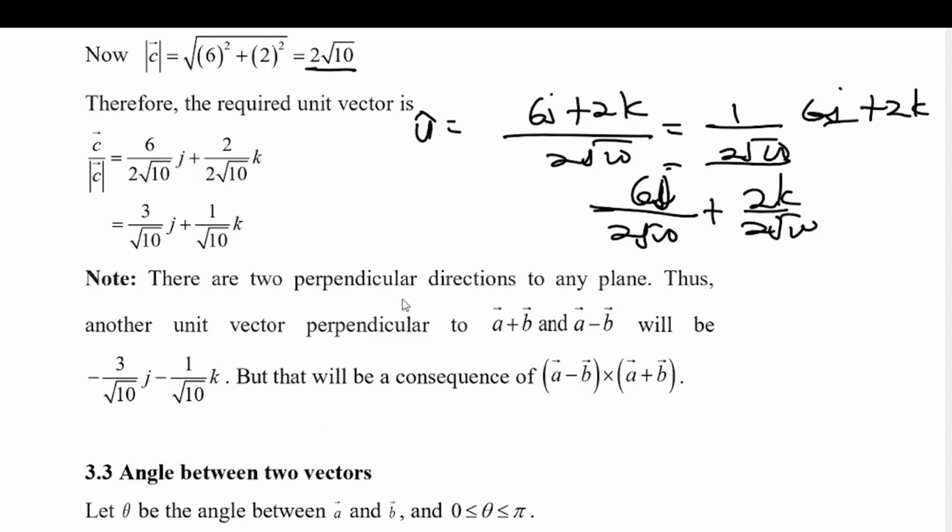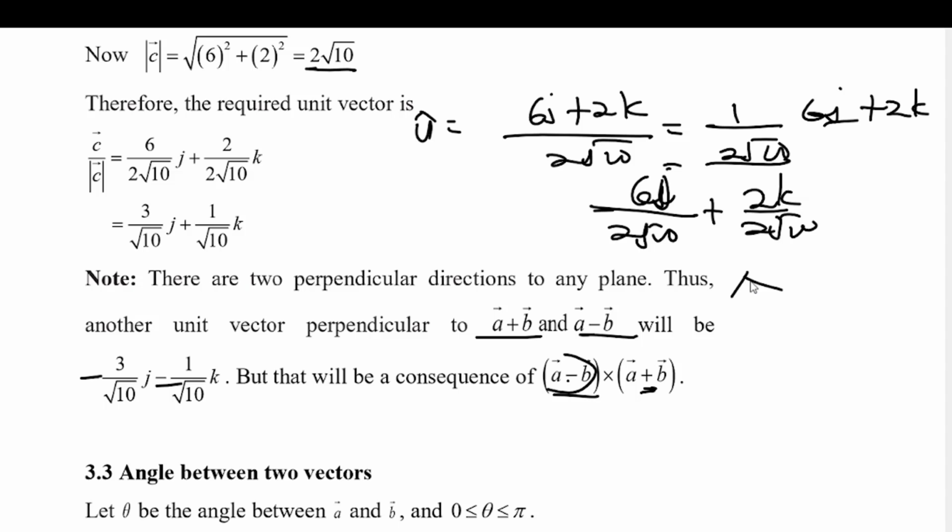Note that there are two perpendicular directions to any plane, and for that, another unit vector that is also perpendicular to this will be the negative of this, but that will be a consequence of this when the first one is negated and the second one becomes positive. What we are trying to say is that there are two perpendicular directions to any plane.